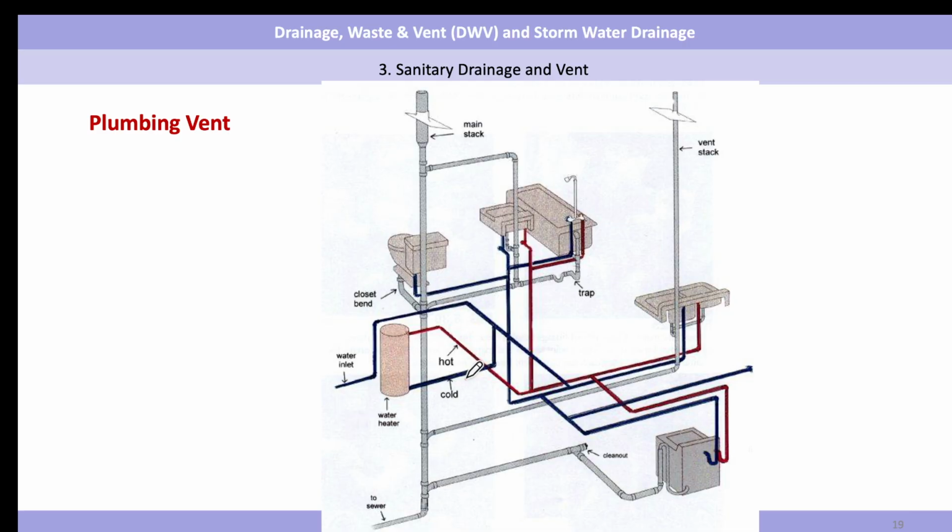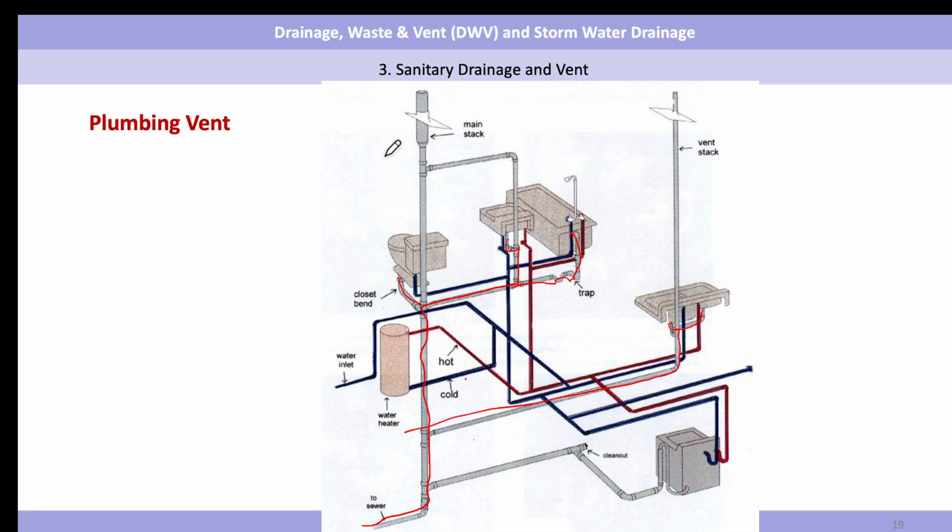This one is more detail, like the vent stack. You see below the fixture unit, the drainage system to the sewer. So vertical one, stack, drainage. Horizontal pipe, branch, stack, and also branch.